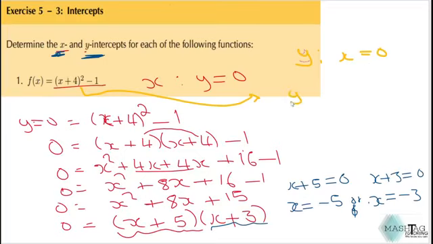So you have y equals 0 plus 4 squared minus 1, which is 4 squared, because this is 0, is 16 minus 1. Therefore, your y-intercept is 15. Okay.